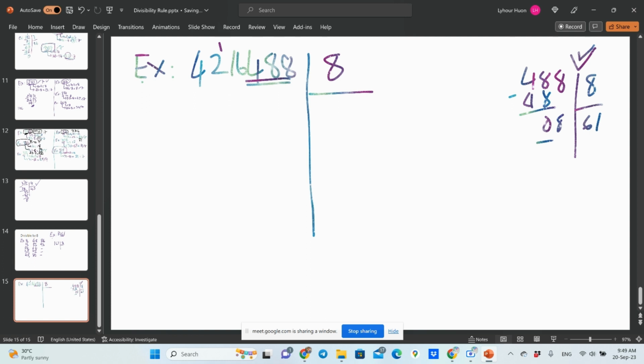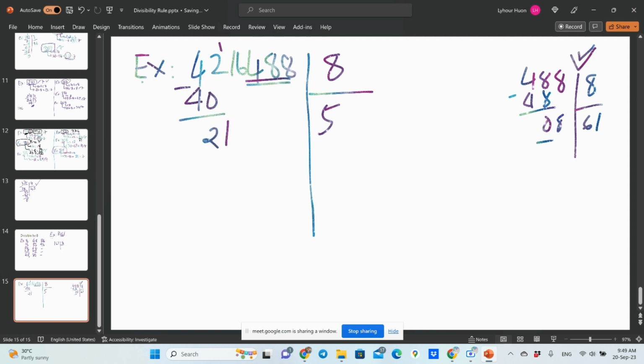Into 42. 5. 5 times 8 is 40. So this is 2, and then we drop the ones.